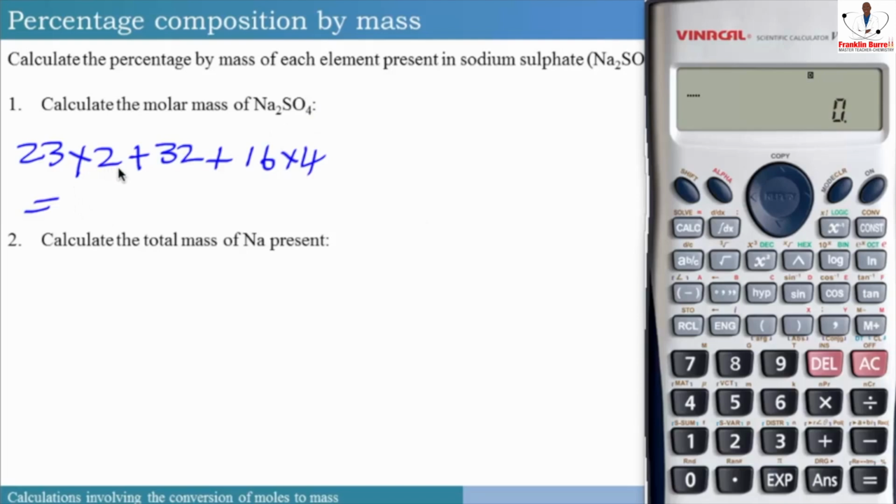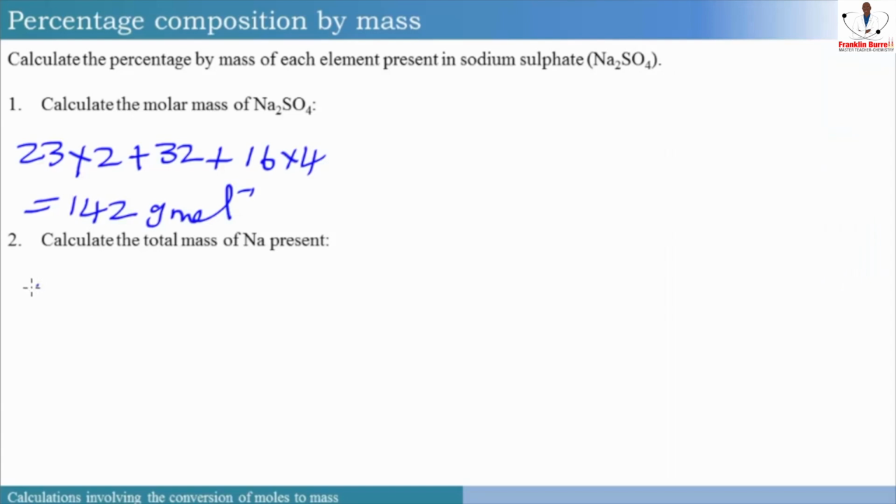So 2 times 23 would be equal to 46. So we'd have 46 plus 32 for sulfur plus 4 times 16, which is 64. So the molar mass of sodium sulfate would be 142. So the percentage of sodium present would be equal to 2 times 23.